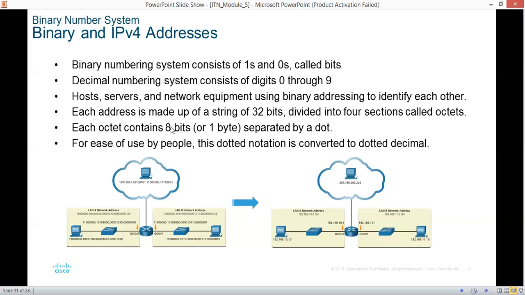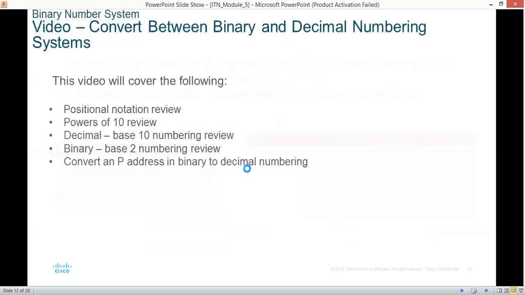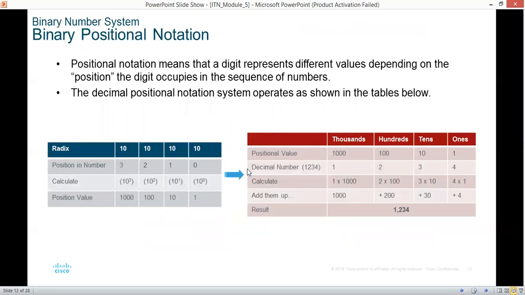If you convert those 8 bits of zeros and ones to decimal, you now have numbers like maybe 120, 130, 140, which you now have to categorize into the different blocks of class A, B, C, D, and E. Okay, so let's go on and see how these numbers are actually structured.